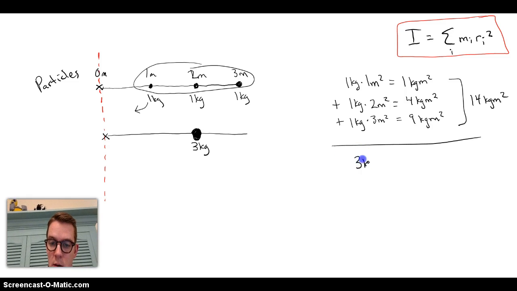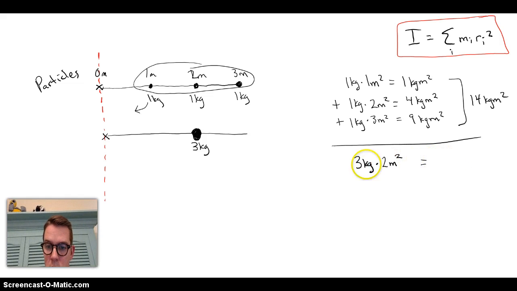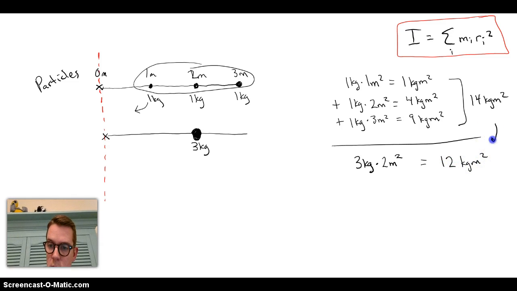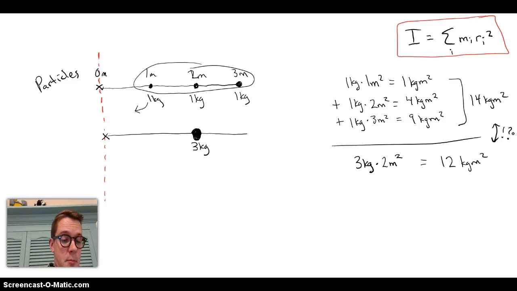So now I've got 3 kilograms times 2 meters squared, and that's 3 times 4, so I get 12 kilogram meters squared. So my question for you is, what's going on here? Why are they not the same?